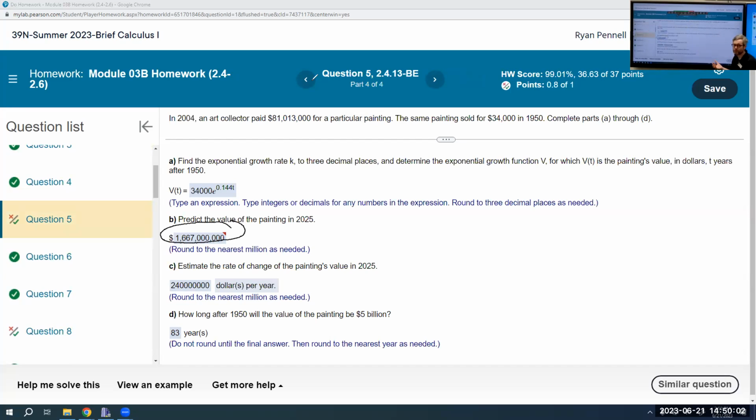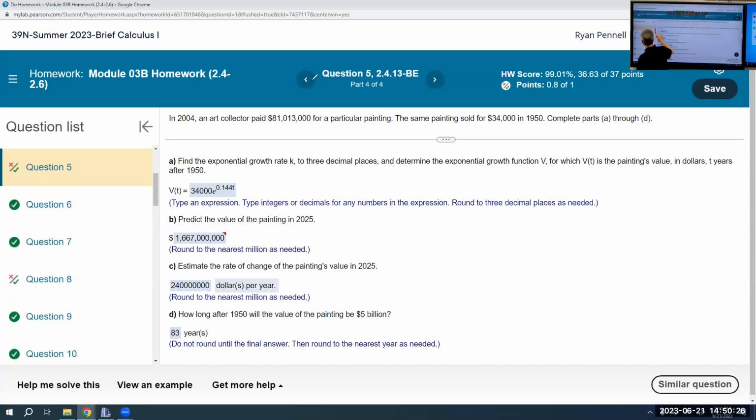Definitely watch the instructions. I got this wrong just because I didn't round to the nearest million. I would write how many millions I have. So watch those instructions, okay? I might give another video later this week about how to do this.